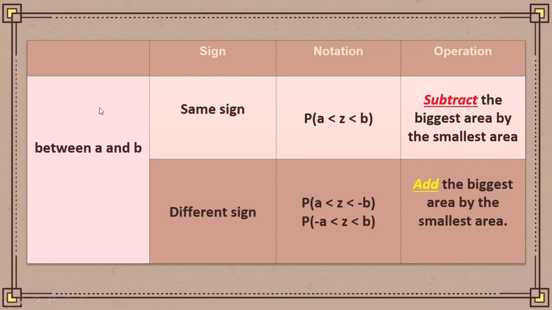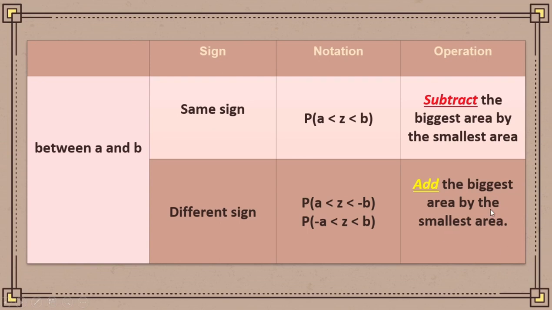Between a and b, if they have the same sign, the operation is to subtract the biggest area by the smallest area. And if the values of a and b have different signs, the operation is to add the biggest area and the smallest area.